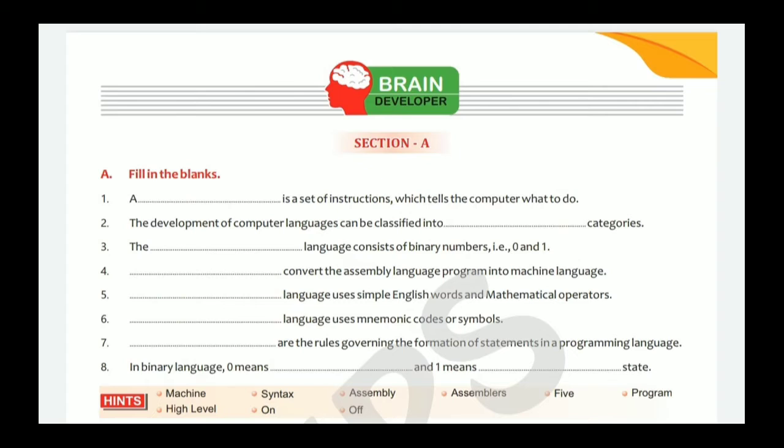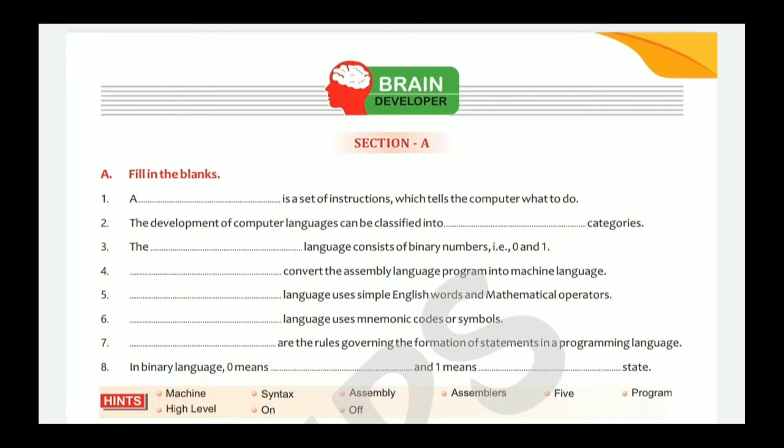So I revise again the fill in the blanks. First: a dash is a set of instructions which tell the computer what to do, is program. The development of computer language can be classified into 5 categories. The dash language consists of binary numbers 0 and 1, is machine language. The dash converts assembly language program into machine language, assembler.